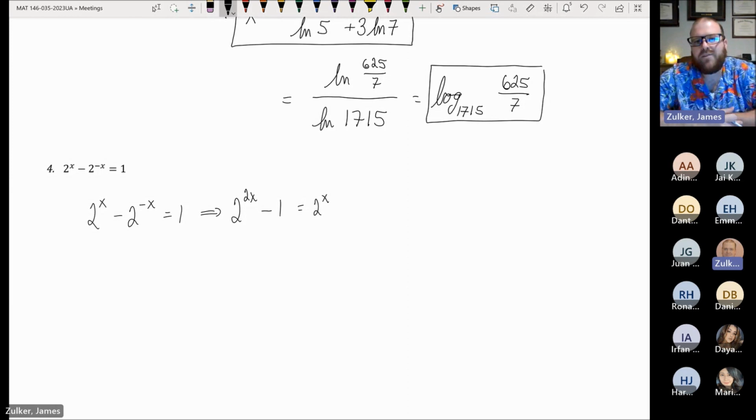We get 2 to the 2x minus 1 is equal to 2 to the x. Write this as 2 to the 2x minus 2 to the x minus 1 equal to 0.